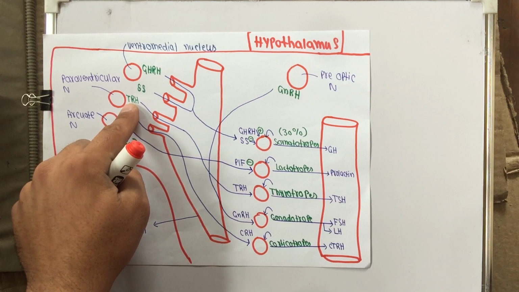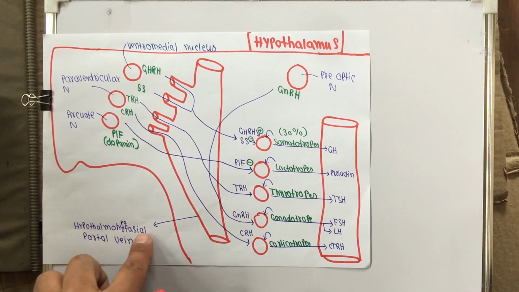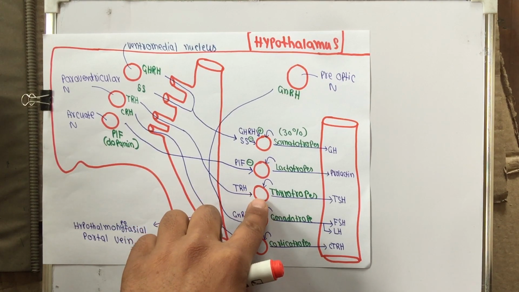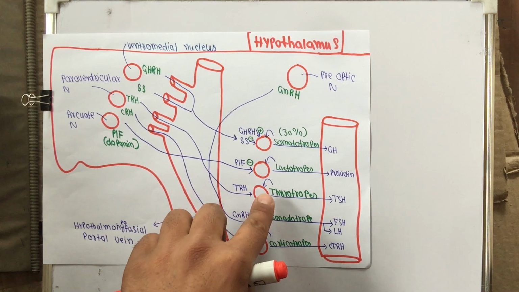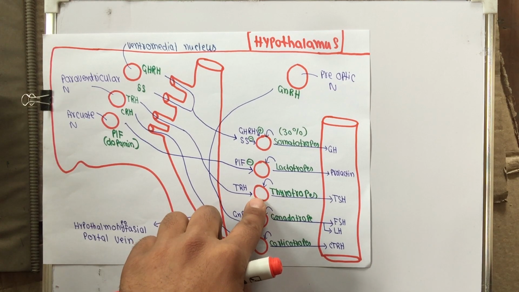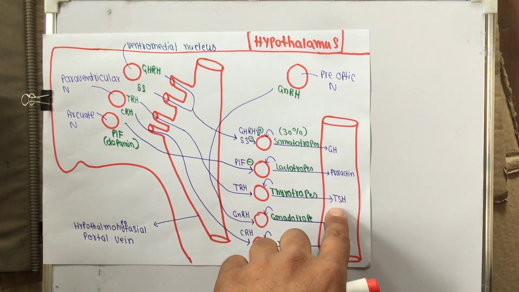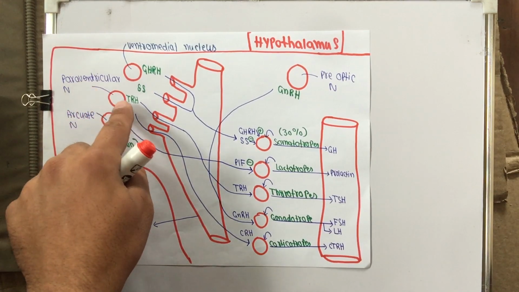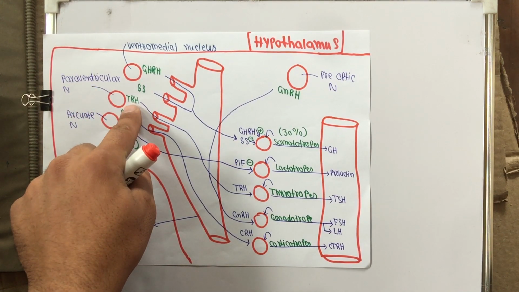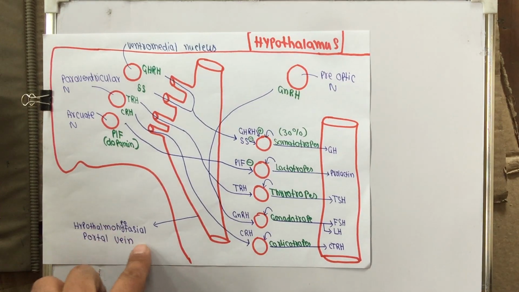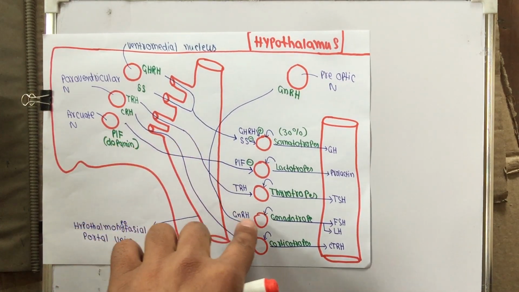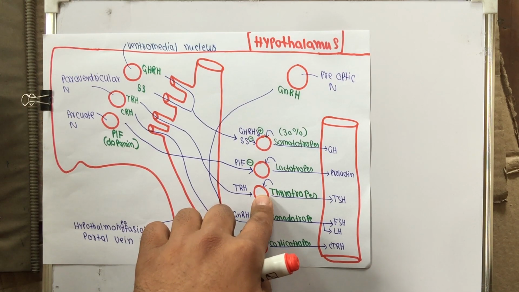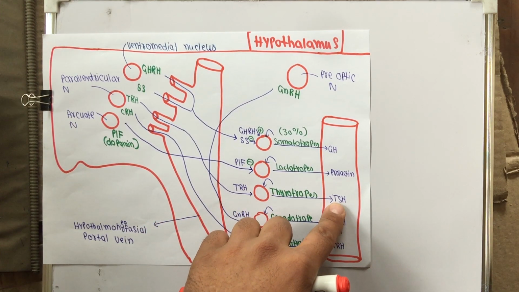This hormone goes to the hypothalamo-hypophyseal portal vein and to the anterior pituitary, to a specific type of cell called thyrotrophs, and causes the release of thyroid stimulating hormone. The paraventricular nucleus produces thyrotropin releasing hormone which goes via the portal vein to the thyrotrophs in the anterior pituitary and causes the release of thyroid stimulating hormone.